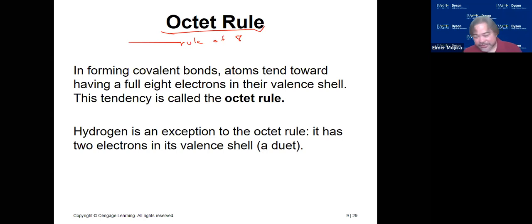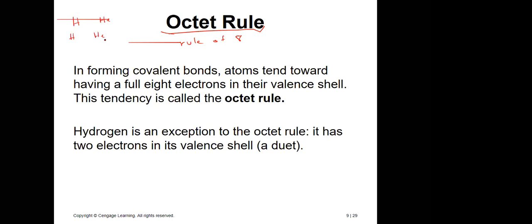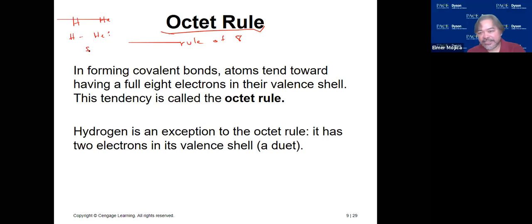So atoms tend to form covalent or ionic bonds until the outermost shell contains 8 electrons. Now hydrogen is an exception, along with helium. What's the number of electrons they can hold at the most? 2.